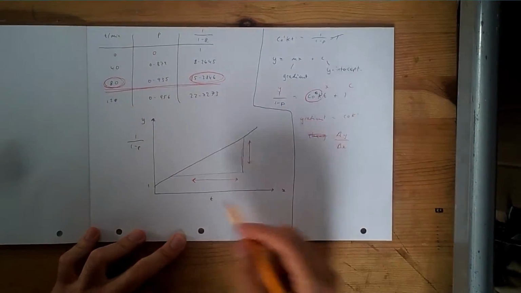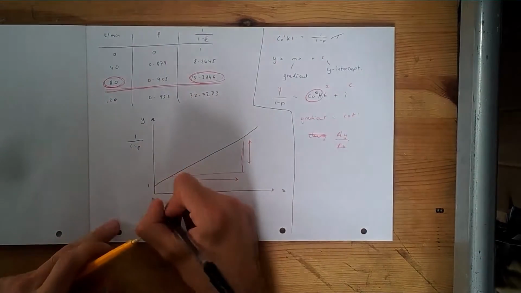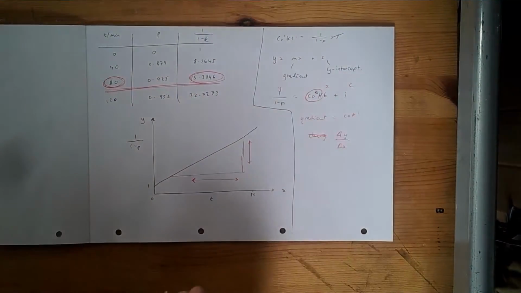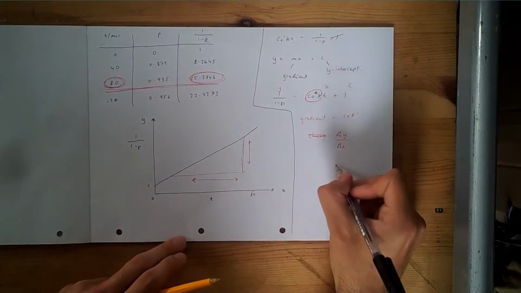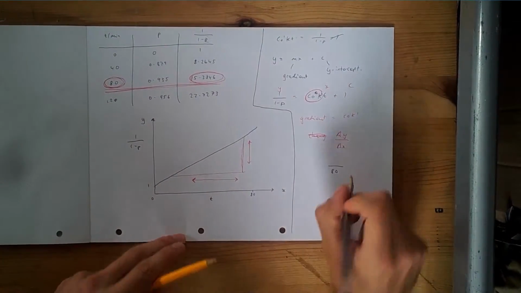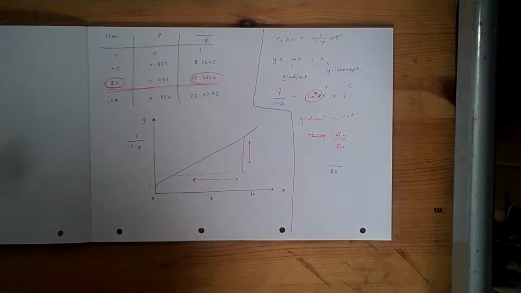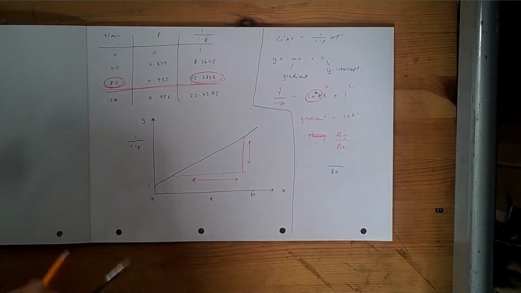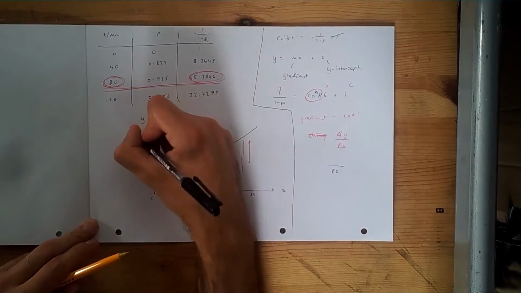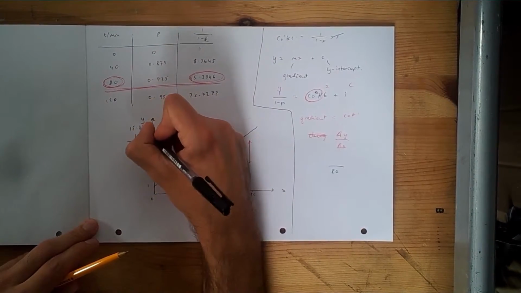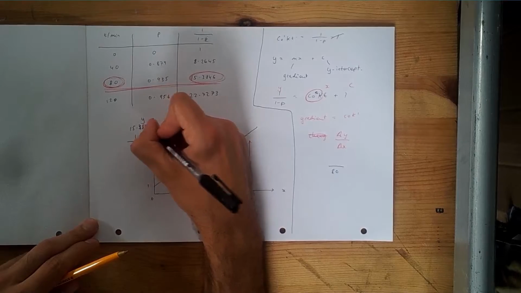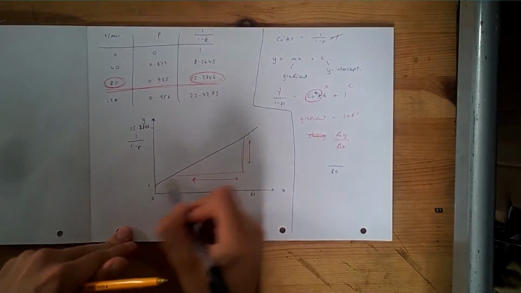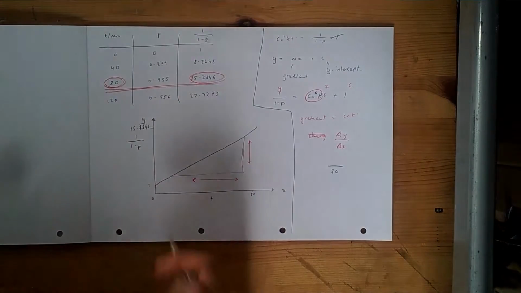The change in x from 0 to 80, let's say, is simply 80. So at the bottom of this fraction we will have 80, and at the top, change in y, it's not from 0 to 15.3846. Sorry, it's actually 1, because you see that it's crossed the y-axis at 1.